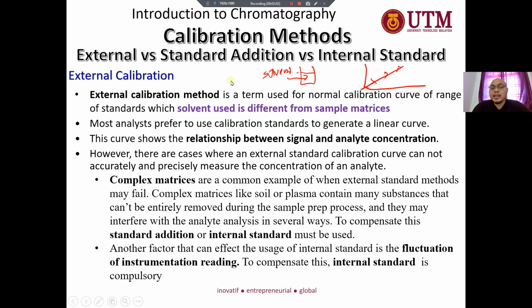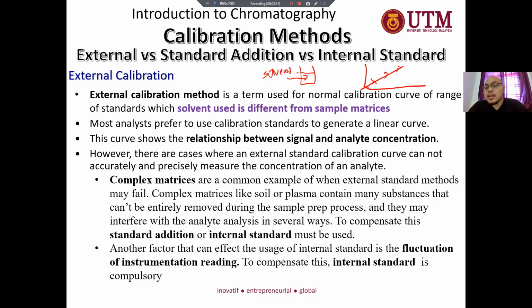But in external calibration, the solvent used is different from the sample matrix. Normally, we will use a solvent that can be produced in the lab or bought from a company, such as acetonitrile, methanol, or we can just use ultrapure or distilled water that can be obtained from the laboratory.